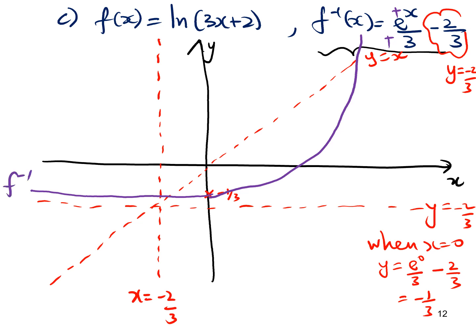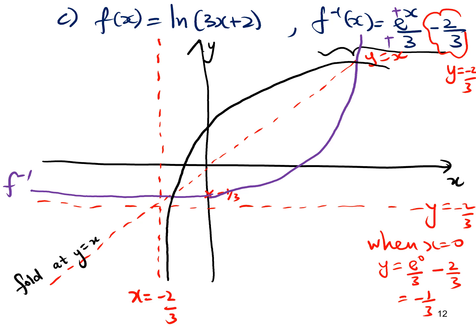And then how to sketch f? To sketch f from f inverse, actually you just fold your paper at the line y equals x, and then you get the graph of f here.